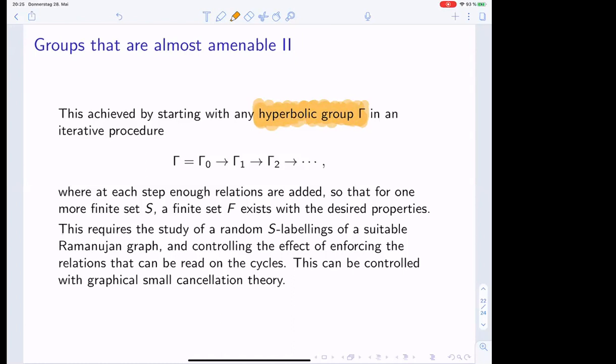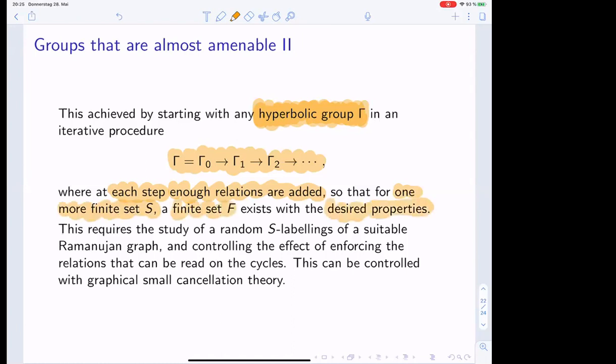But for the moment let's just take a hyperbolic group, and we will define a sequence of successive quotients of this hyperbolic group. Start with gamma 0, next quotient gamma 1, then gamma 2. At each step, we will put enough relations so that for one more finite generating set, a finite set F exists with the desired property.